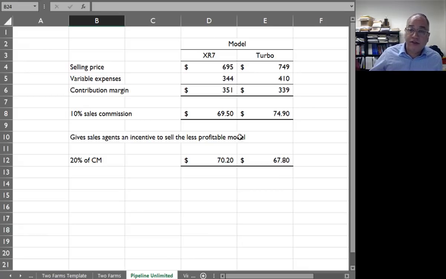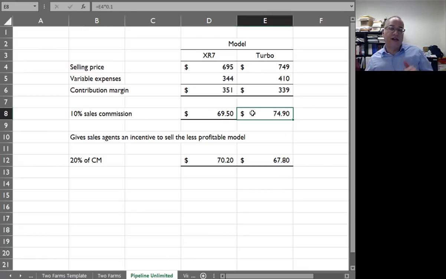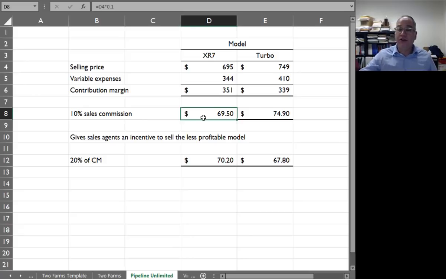If you give a 10% sales commission, then the incentive is to sell Turbo, because the 10% sales commission is going to be $74.90 as opposed to XR7 $69.50, and that's $5. You could buy a cup of coffee with that. You could buy 2 cups of coffee in some places. So there you're giving the salesperson incentive to sell Turbo, even though Turbo has lower contribution margin.